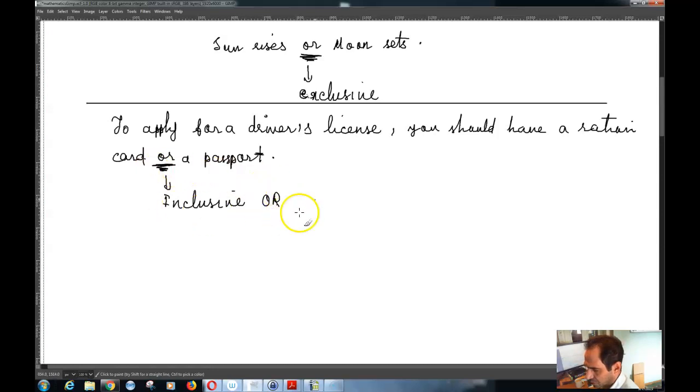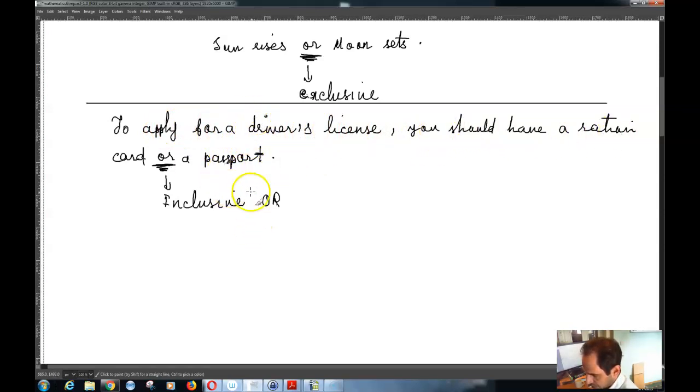When you say that this is an inclusive or, basically you have two component statements here. The first component statement is: to apply for a driver's license, you should have a ration card. The second is: to apply for a driver's license, you should have a passport.